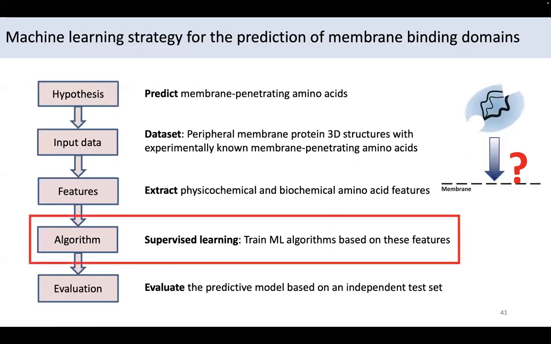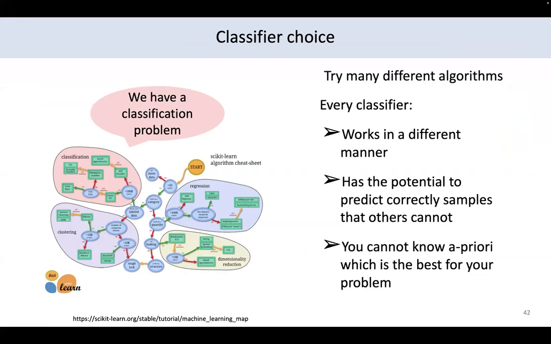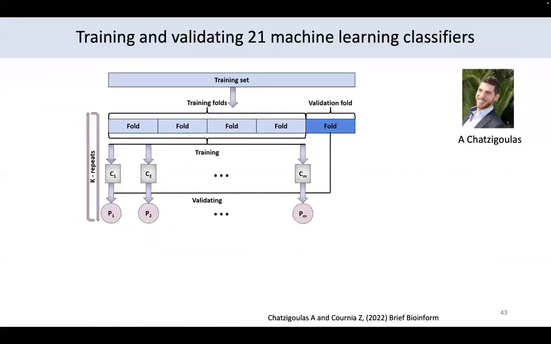Then let's proceed to the algorithm that we used for supervised learning. As mentioned, this is a classification problem. And for the classification problem, we can try many different algorithms because every classifier works in a different manner, has the potential to predict correctly samples that others cannot, and you cannot know a priori which algorithm is the best for your problem.